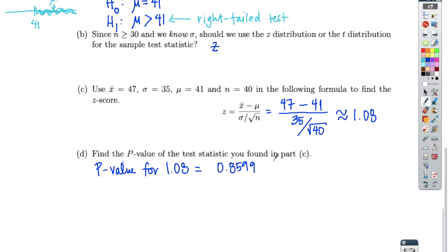However, remember that this represents the left area. That z-table always gives us the left area.